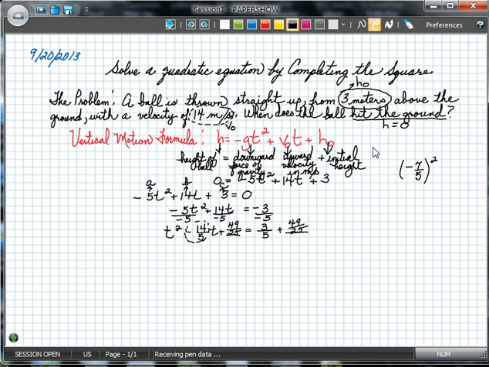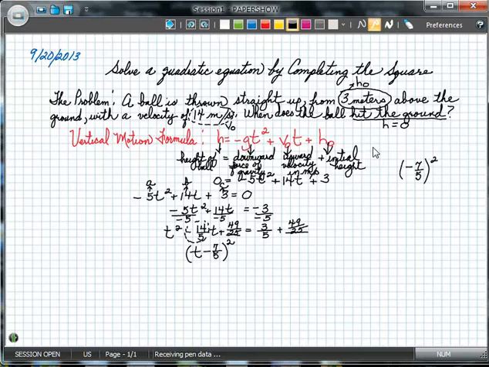Now, I'm rewriting, and this is the whole purpose of completing the square, is to rewrite the left member as a perfect square. So it's t minus that same 7/5 that you got when you took half of the linear coefficient and you square it.